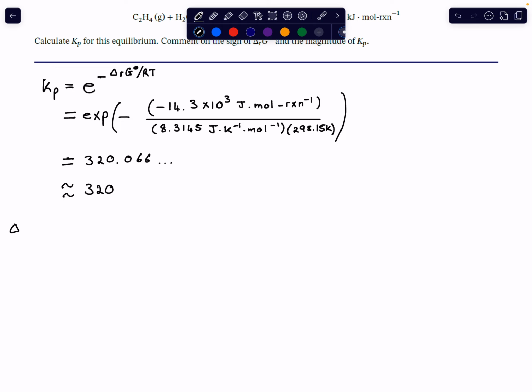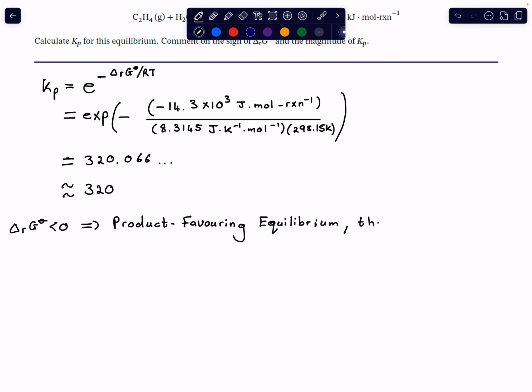So if we look at the sign of delta rG naught, we see it's negative. So that would imply to us that we had a product favoring equilibrium. But this is also supported by what quantity now?